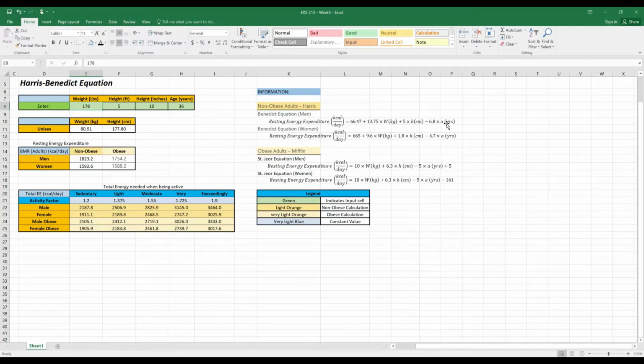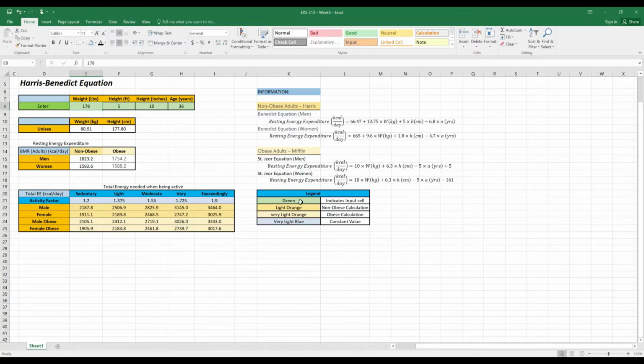With that in mind, we have all the different equations here, and then the Mifflin equation for obese adults. It's a tad bit different, but very similar, and it's a little bit different for men and for women.